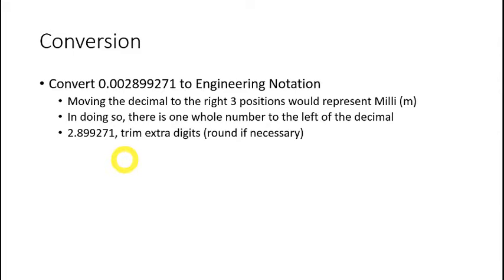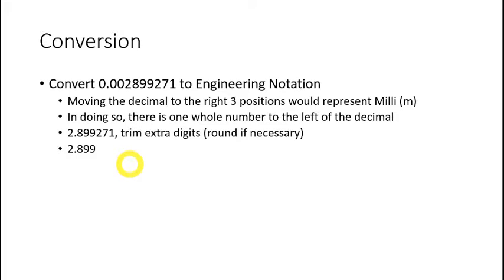But I need to trim those extra digits, and I need to round if necessary. So I have 899, but it's followed by a 2, and since that 4th digit is less than 5, so 0 through 4, I will not round up. I'll just trim those off.